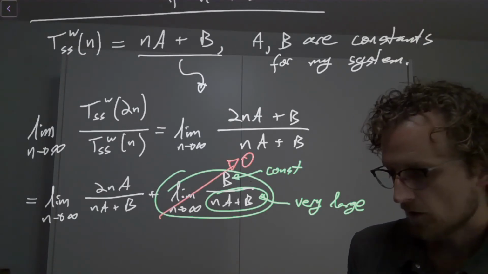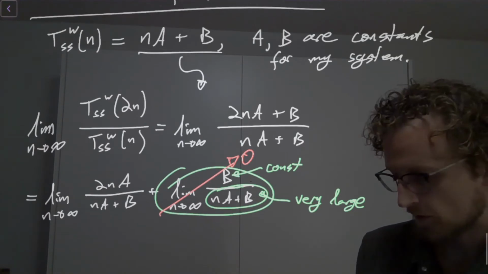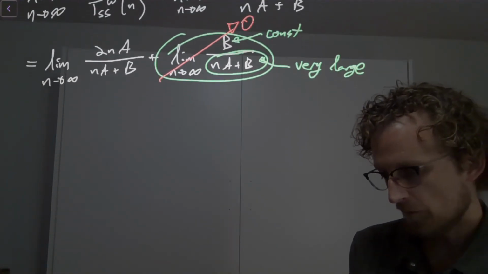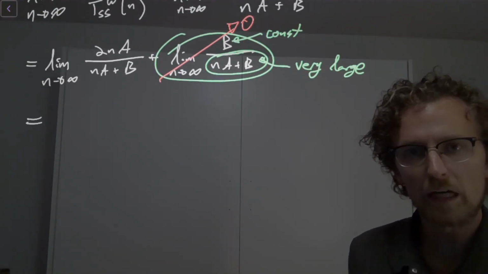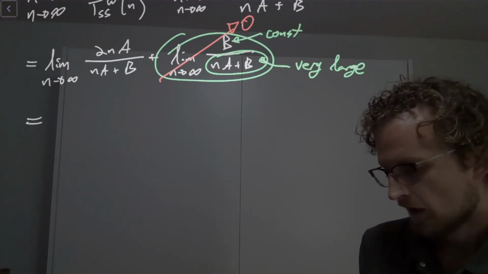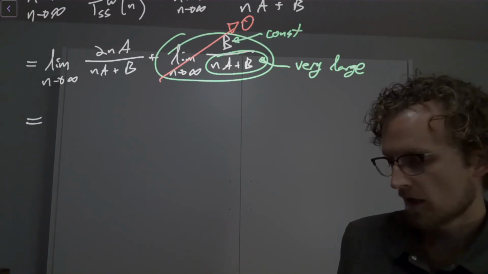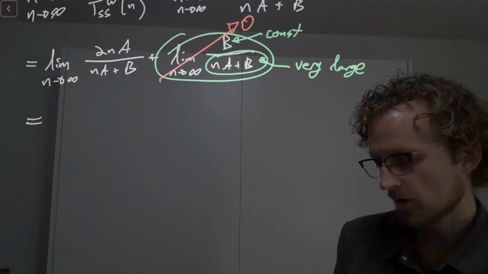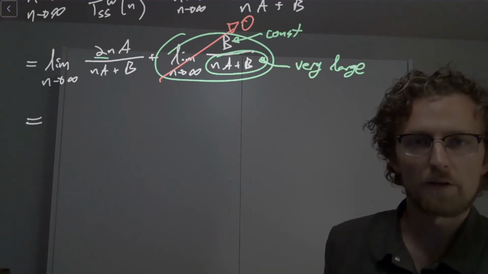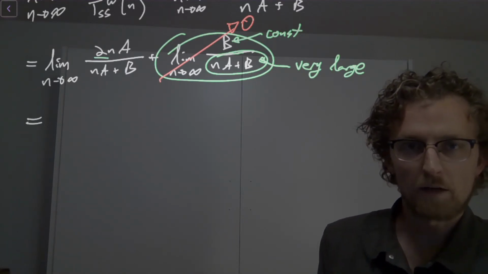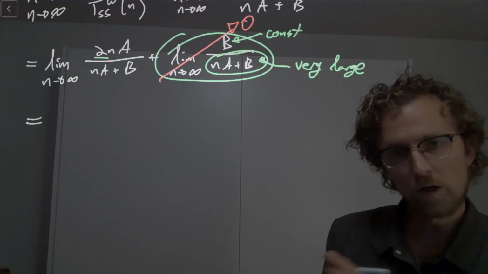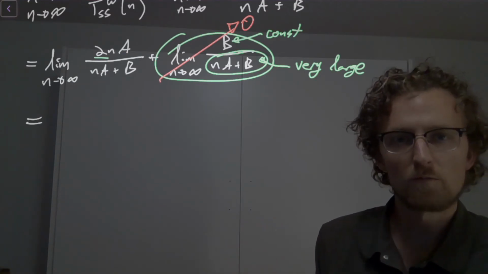Okay. So now I can just focus on the first piece, and let me manipulate it in a particular way. First, I'm going to notice that I have a 2 that's multiplied onto the first piece. And if you remember back to your calculus knowledge, you can always take that 2 and pull it out of the limit.